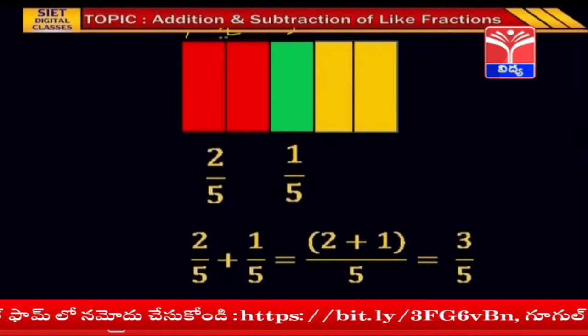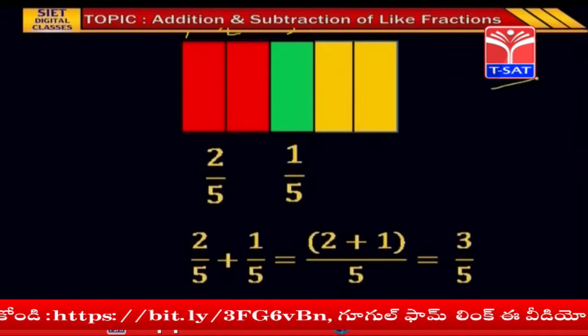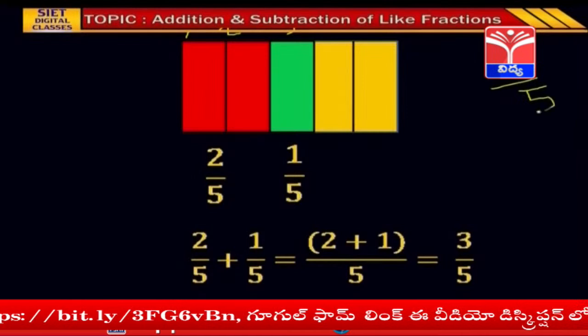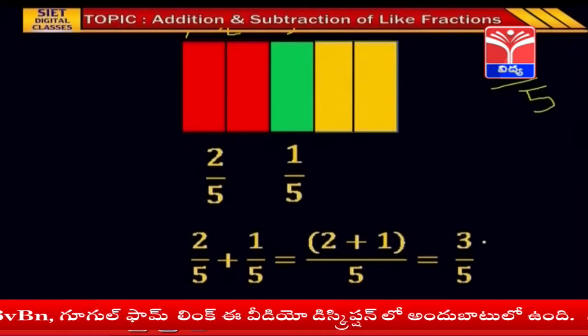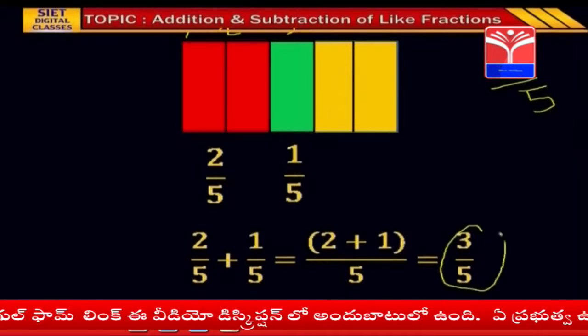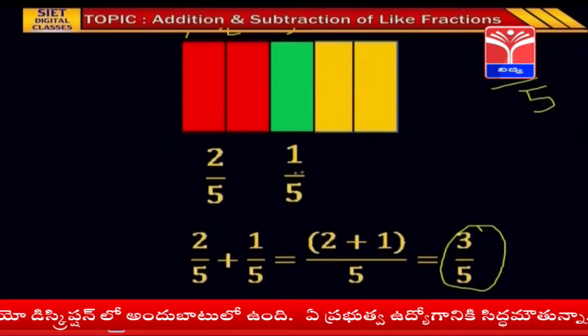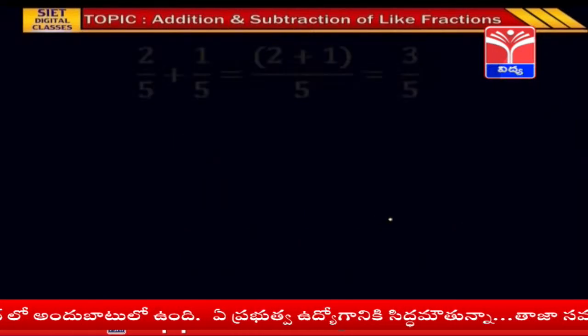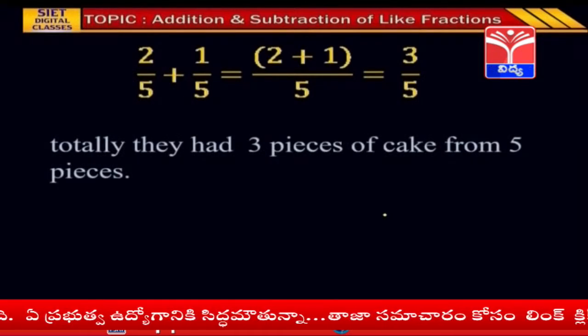So 3 parts of total 5. So 3 out of 5 are eaten by both Rahana and Samir. So 3/5 is the resultant fraction by adding 2/5 and 1/5. Understood? So totally they had 3 pieces of cake from 5 pieces.